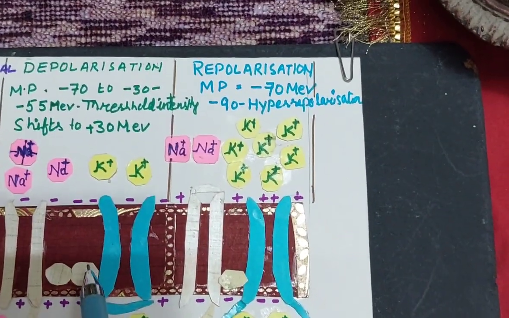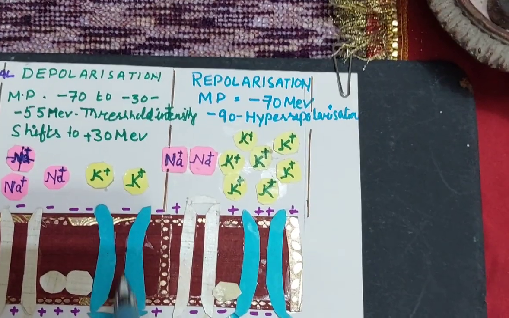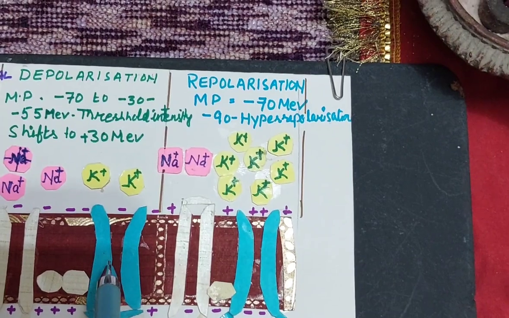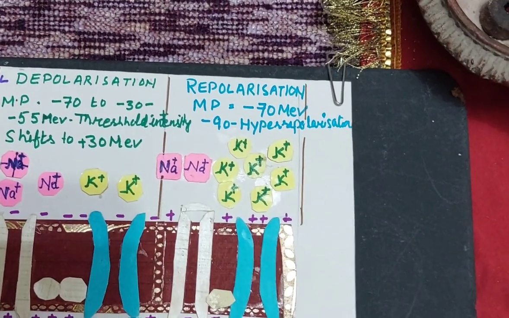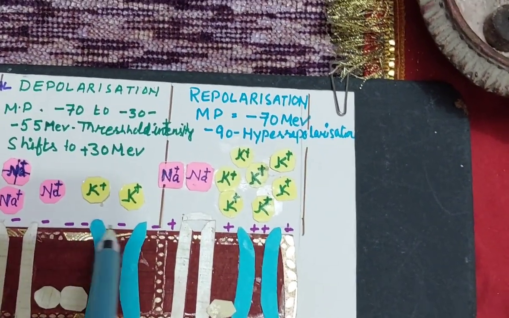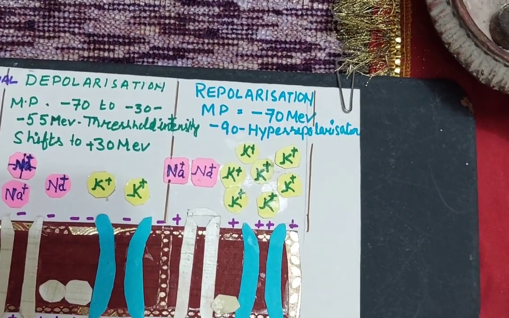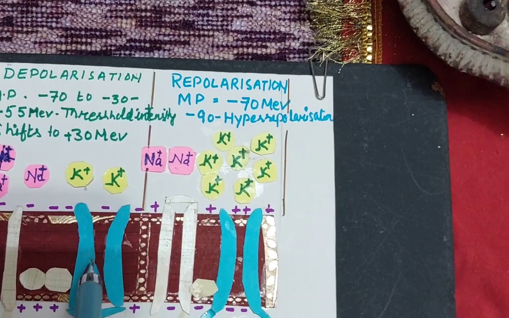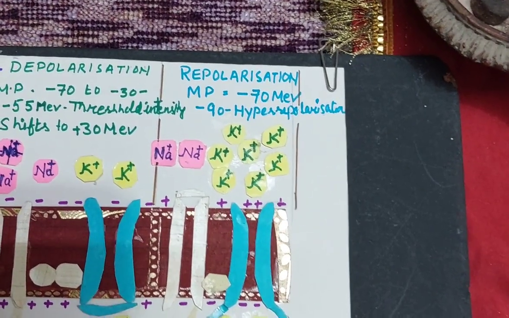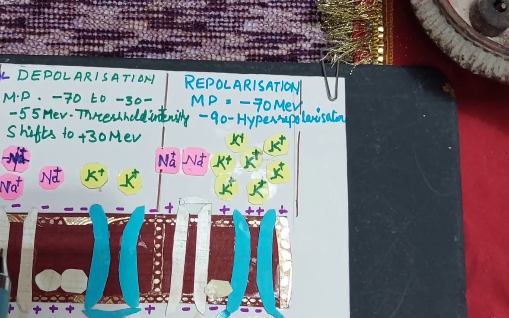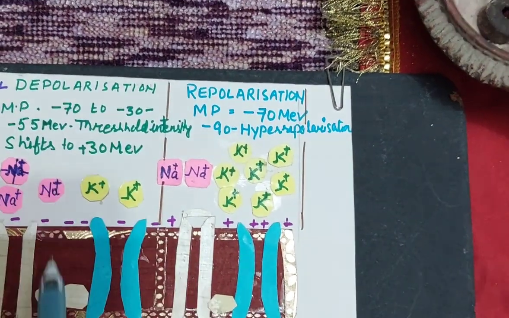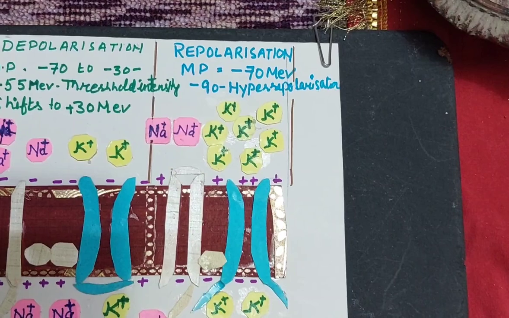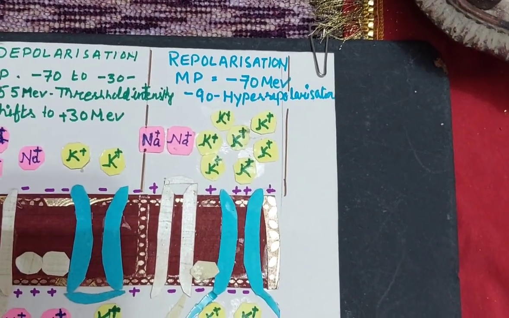Because of the entrance of more sodium inward, the polarity becomes reversed: negatively charged outside and positively charged inside, and the potential difference becomes plus 30 millivolts.